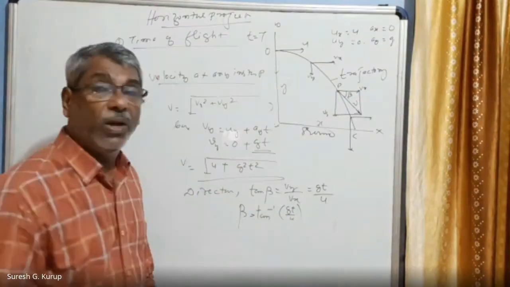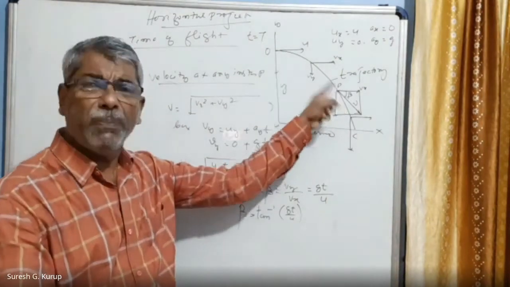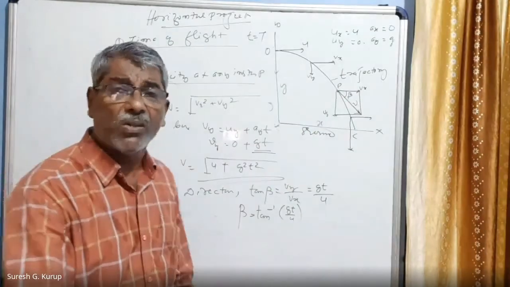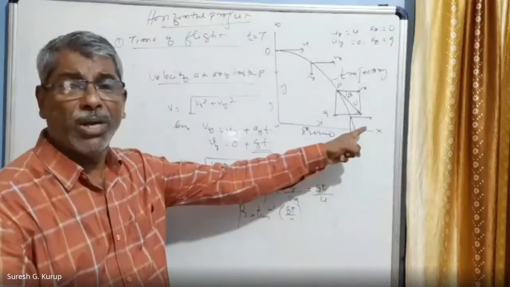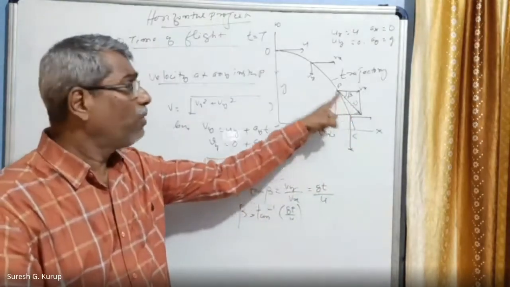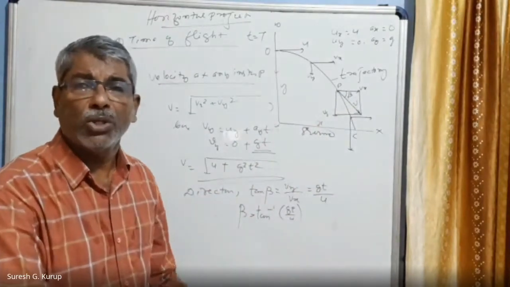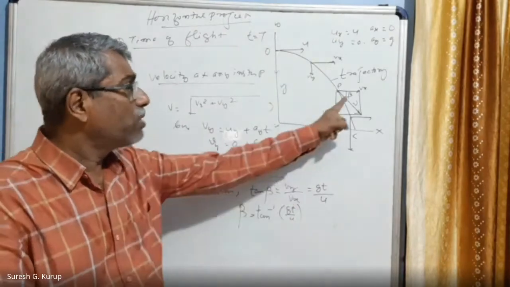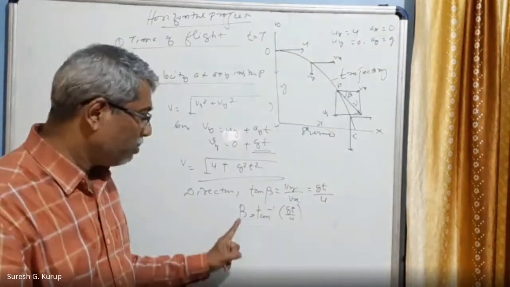The velocity at any instant of the motion of the body, at any point on the trajectory, is given by the tangent at that point. That is the total velocity. Total velocity must have two components. Every vector can be resolved into two components, one along the x-axis, the other along the y-axis. Therefore, the angle the total velocity makes with the horizontal component is beta, and that is the direction.